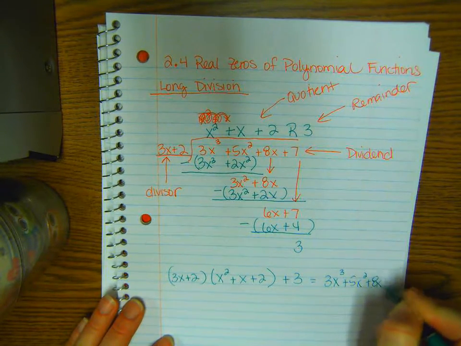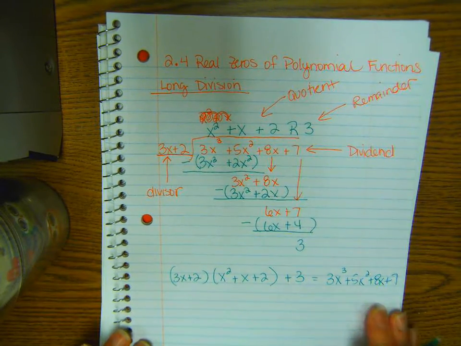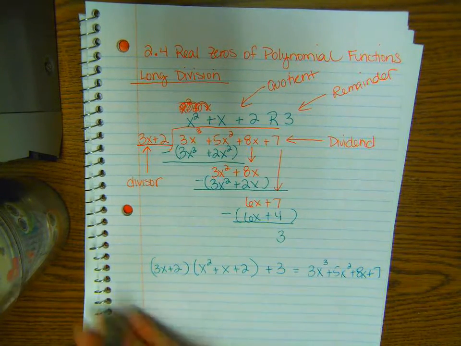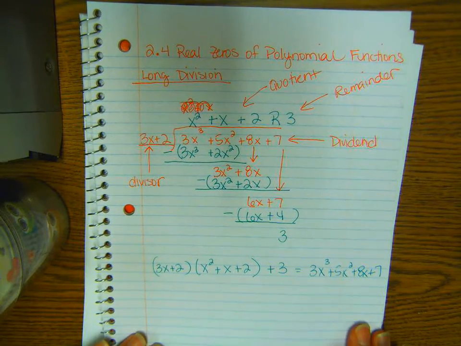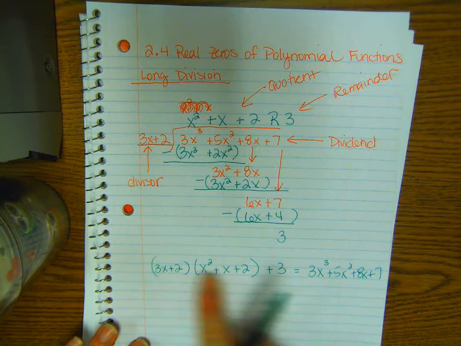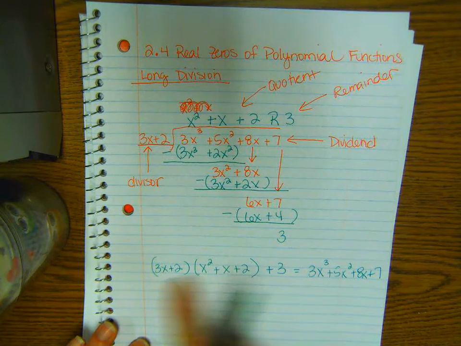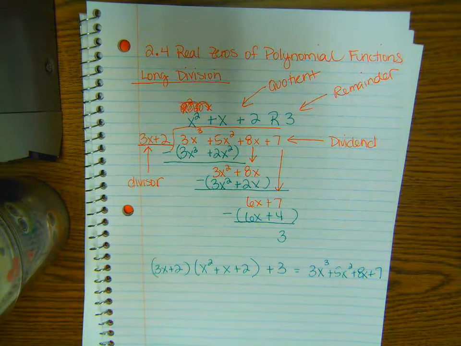This is called a summary statement. When I divided this by this, I got that, and then plus that as a remainder. Okay.